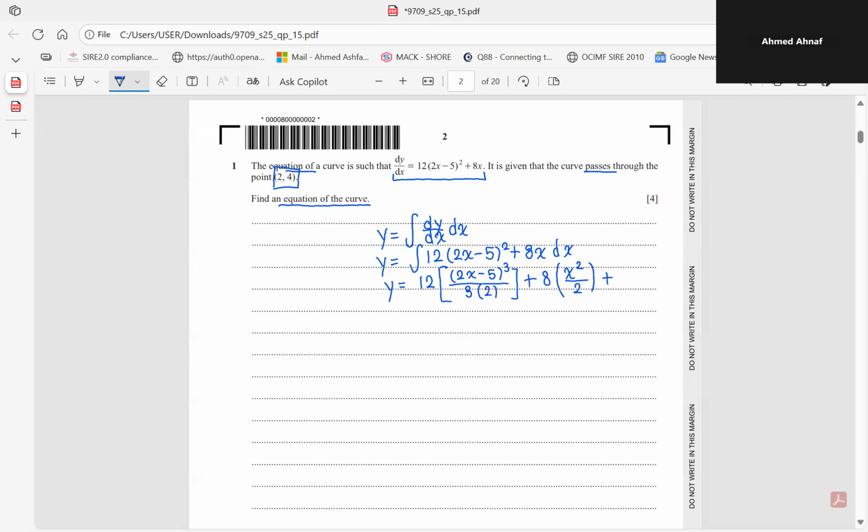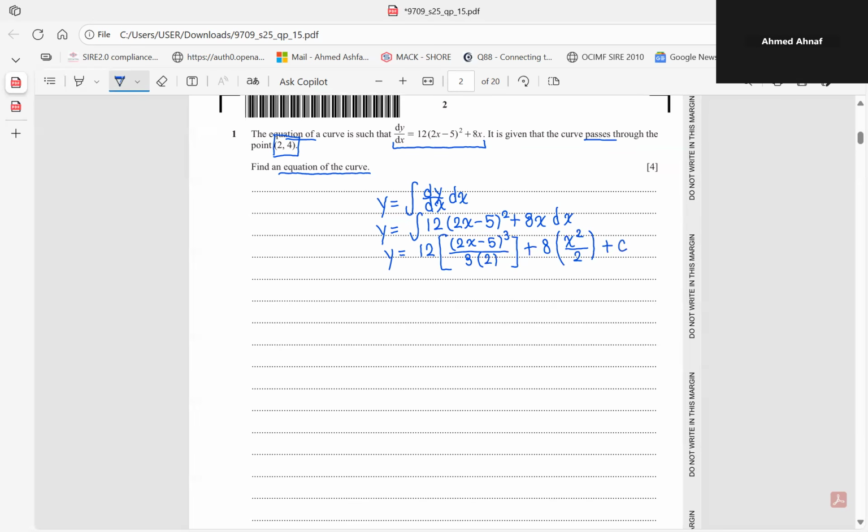And don't forget to add your constant c. Okay, now we can simplify all these. 12 divided by 3 times 2, that's 12 divided by 6, so that's just 2 times (2x minus 5) cubed, plus 8 divided by 2, that's 4x squared, plus c.